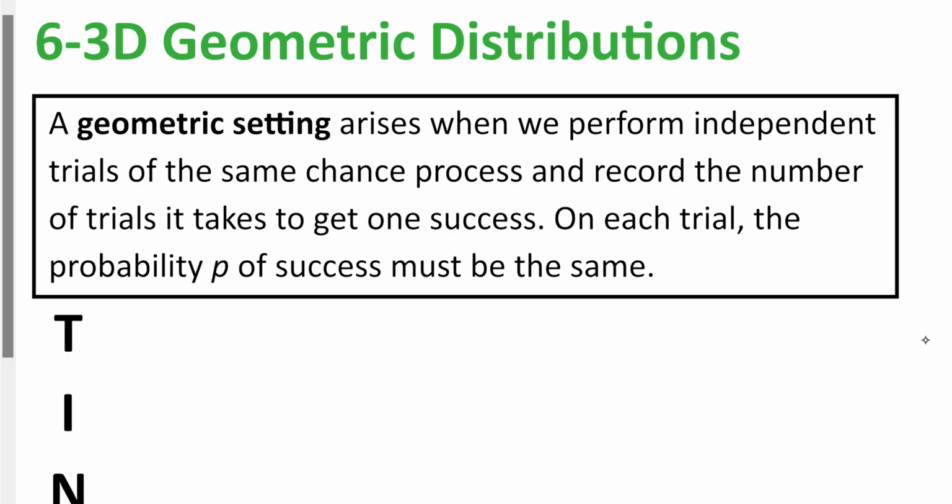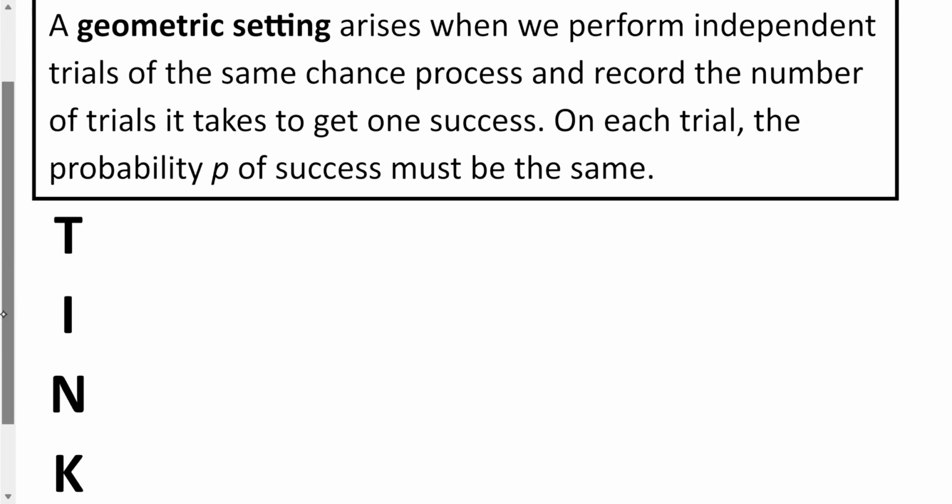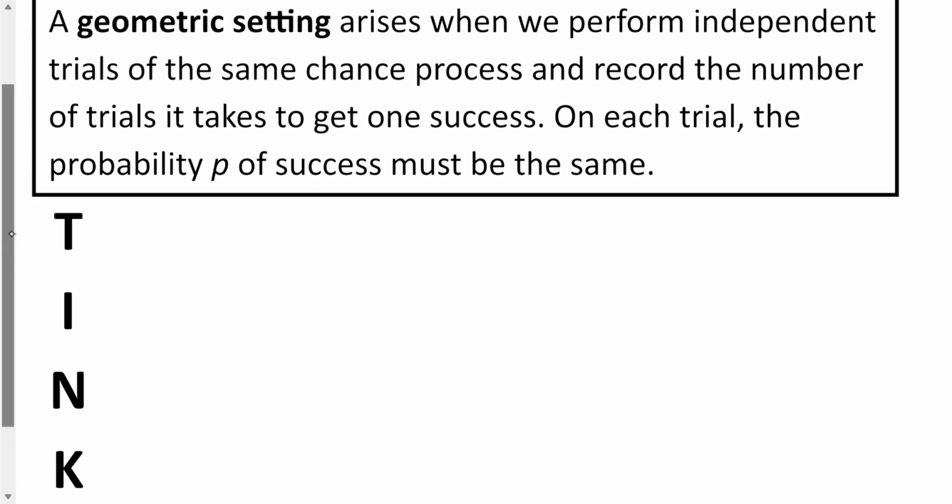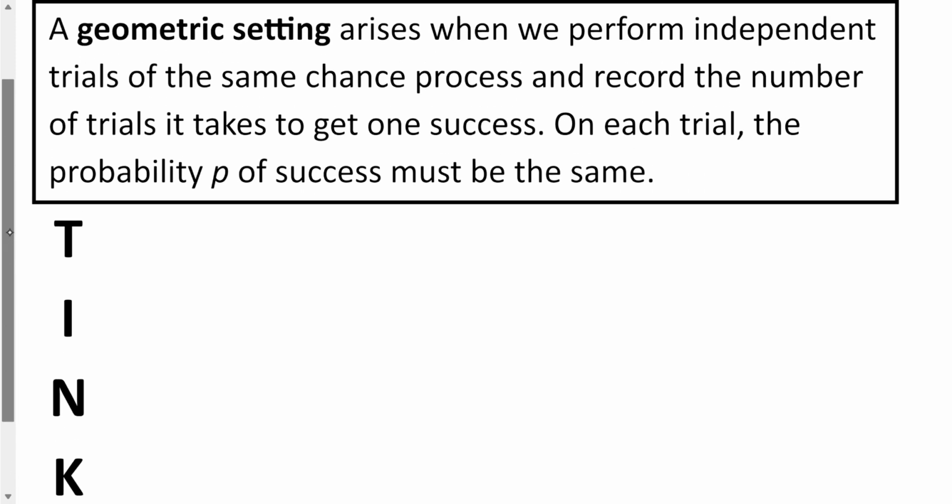Now, to determine if you have a geometric setting, it's not the same as binomial with BINS. It's very similar. It is TINK. Nice, lovely acronym. TINK stands for two outcomes again, so it has to be two outcomes. I, again, independent trials.